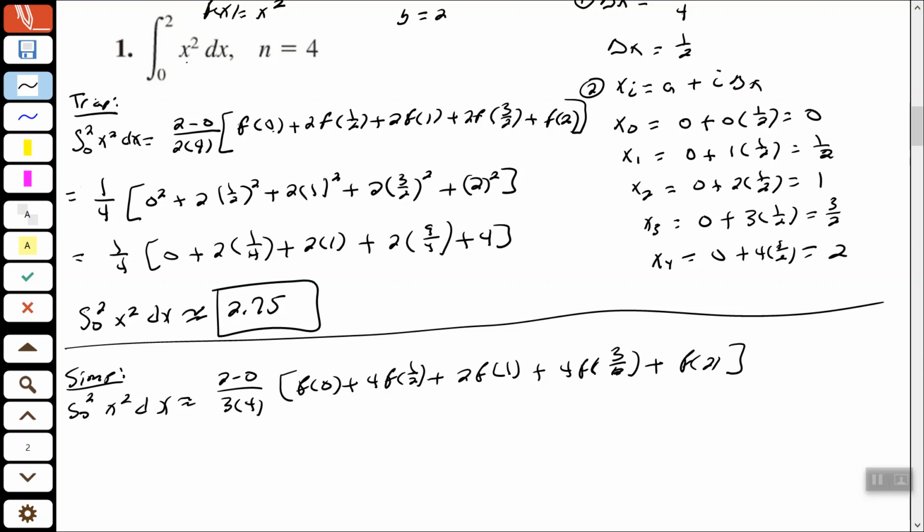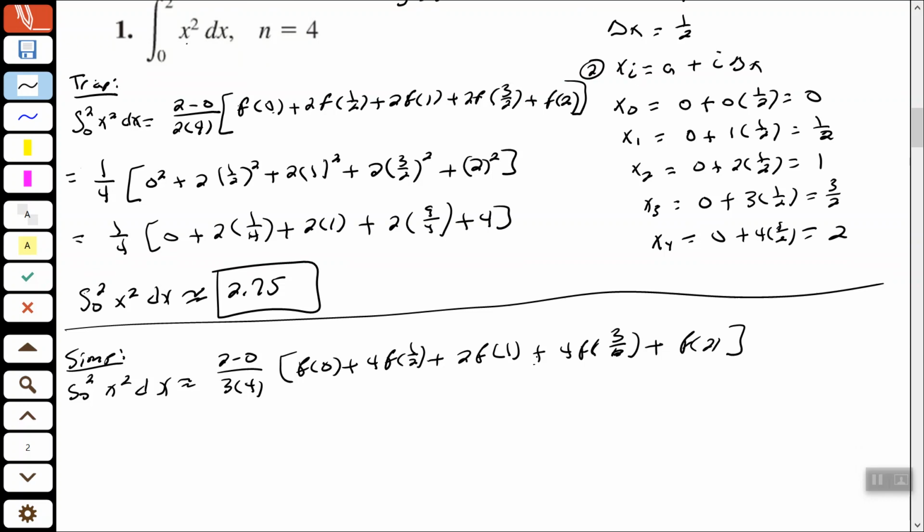Again, it's nothing more than plugging into the formula and then performing those calculations.